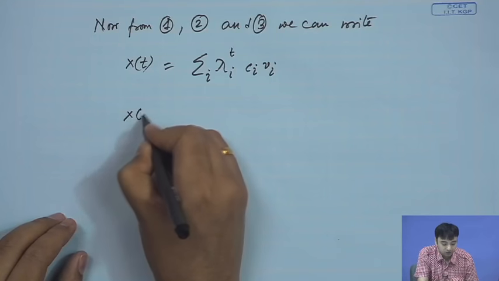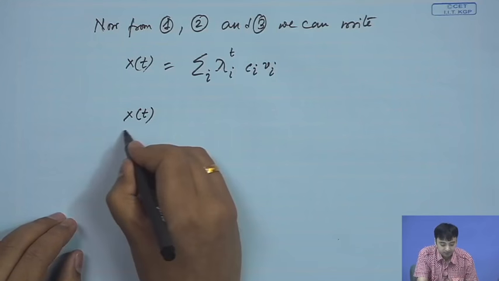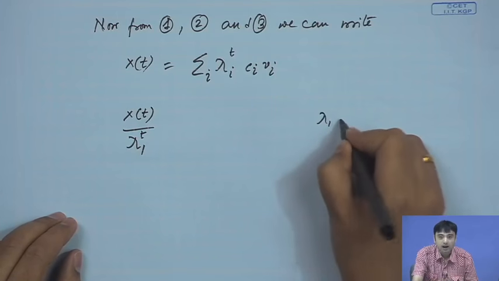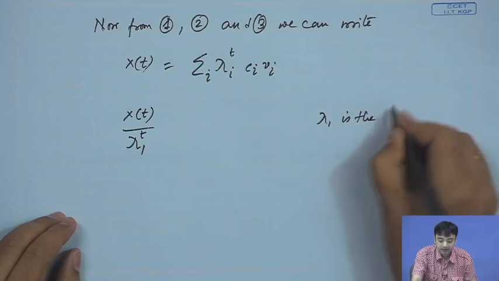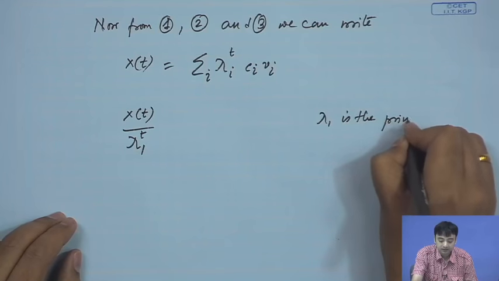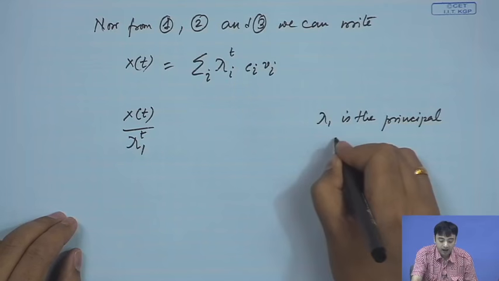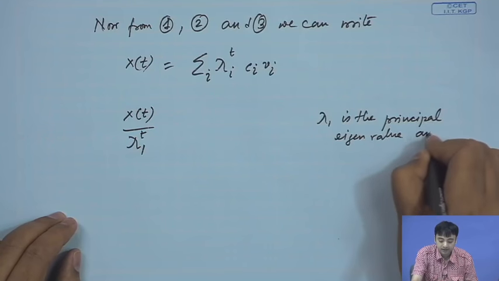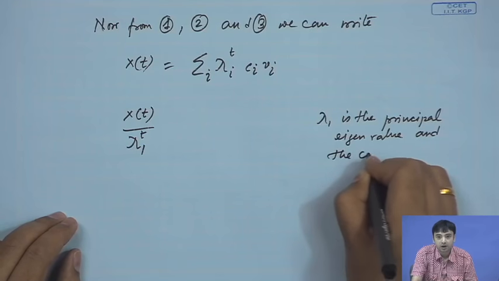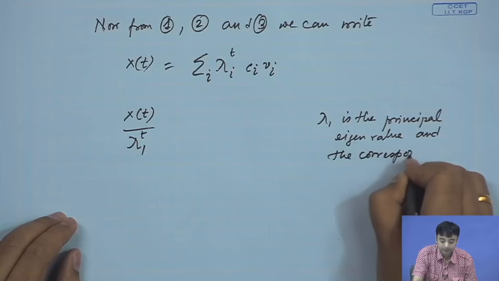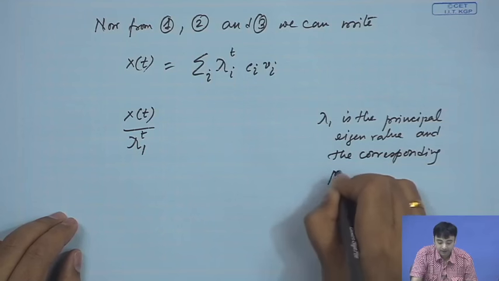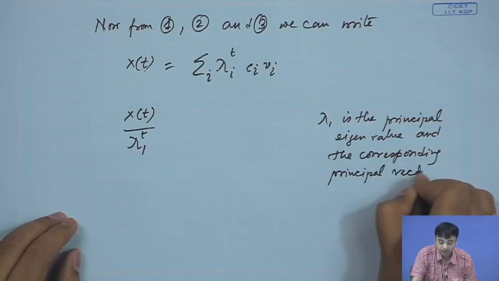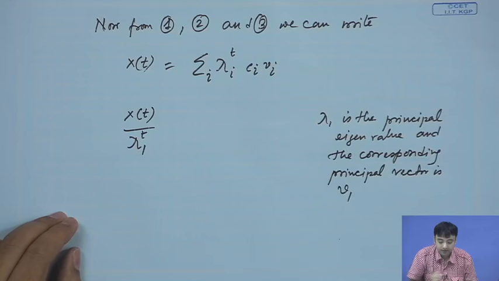We will divide both sides by lambda 1 t, where lambda 1 is the principal eigenvalue and the corresponding principal vector is say v 1.